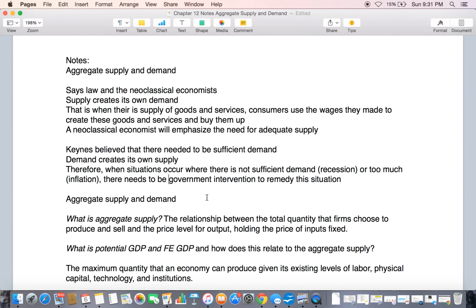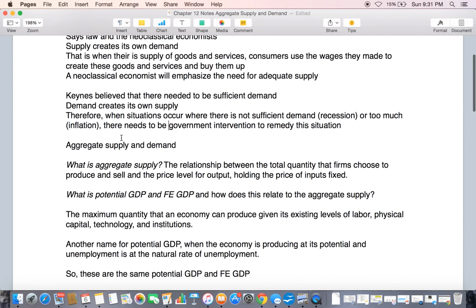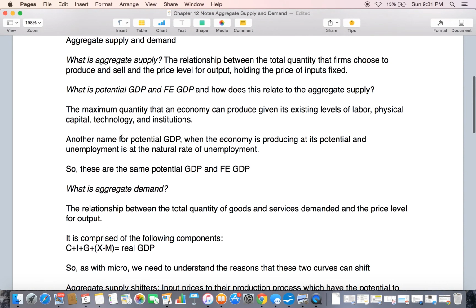Will the government have to have tax cuts where they increase disposable income available to consumers, which allows for more consumption, which shifts aggregate demand when we're in a recession? We don't have all of the tools to make that decision right now, but we're building with our models of aggregate supply and demand in order to understand the Keynesian and the neoclassical perspective in future chapters.